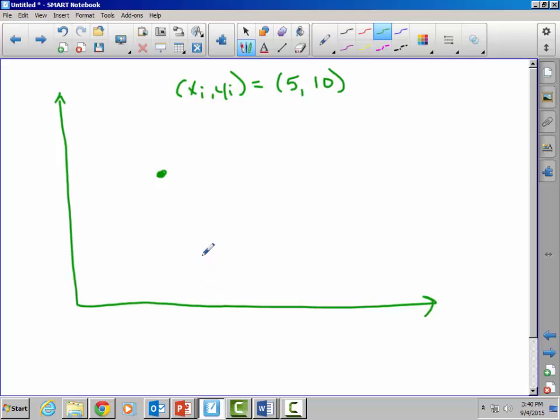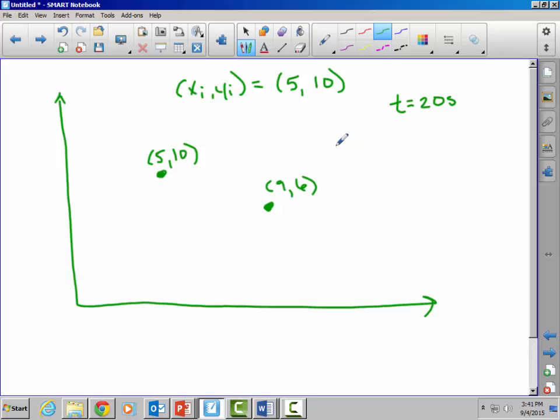And then let's say sometime later, at t equals 20 seconds, this object has moved from this position to this position. So this is 5, 10. And let's say this is 9, 6. So this is a difference of 20 seconds.